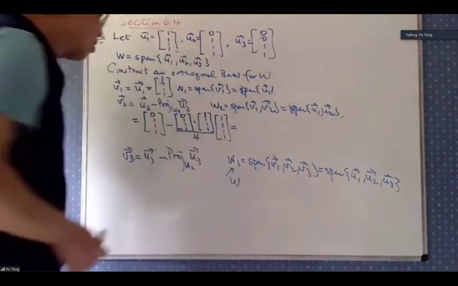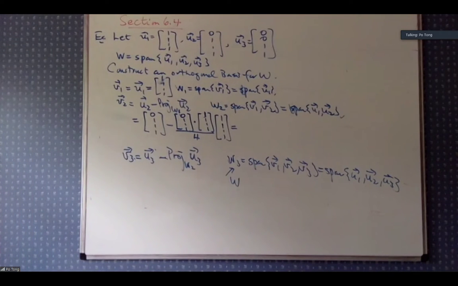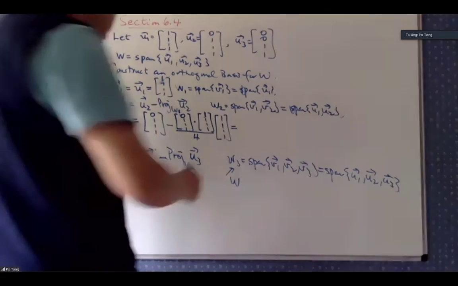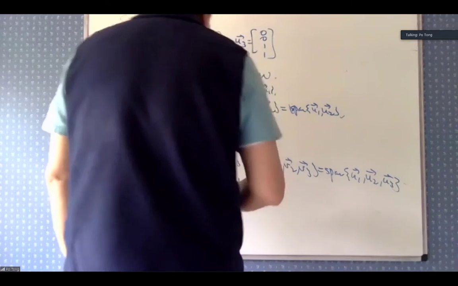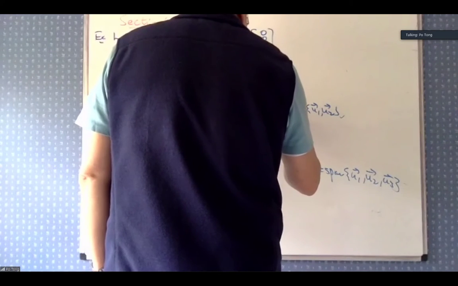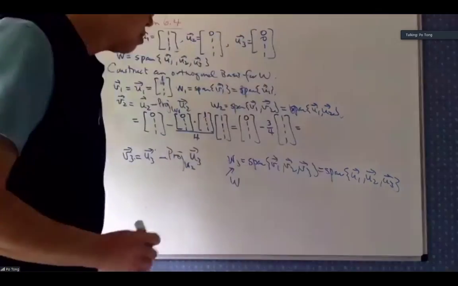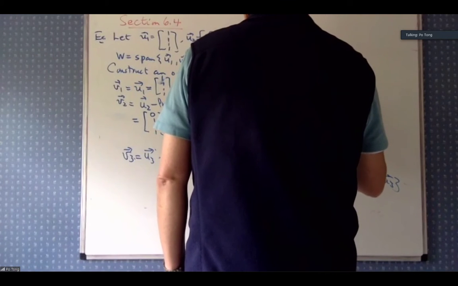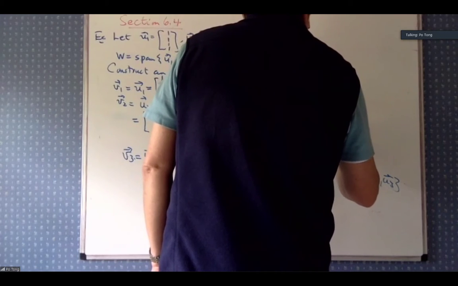Okay, you guys follow. I hope I didn't make any mistake. So this one will be 0, 1, 1, 1 minus 3 over 4, 1, 1, 1, 1, which is going to be equal to negative 3 over 4, 1 quarter, 1 quarter, 1 quarter.